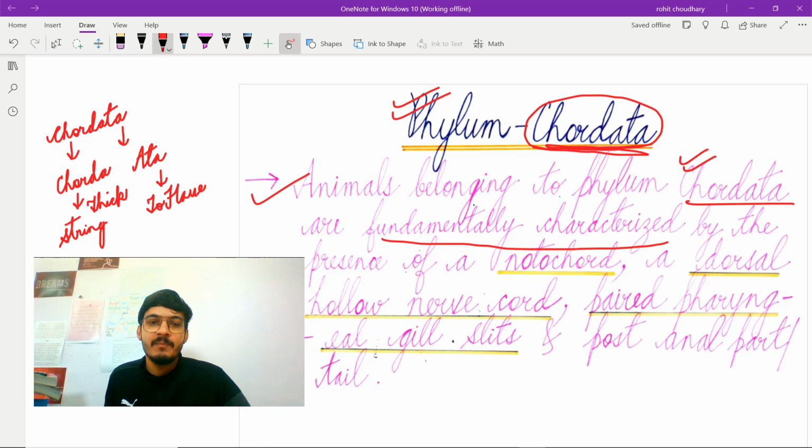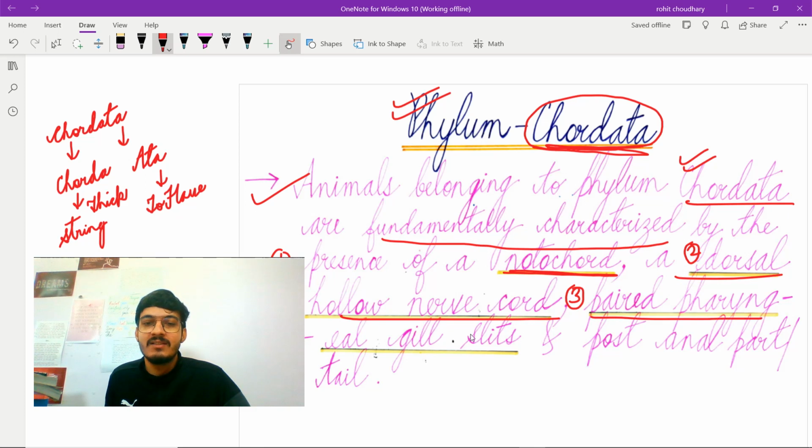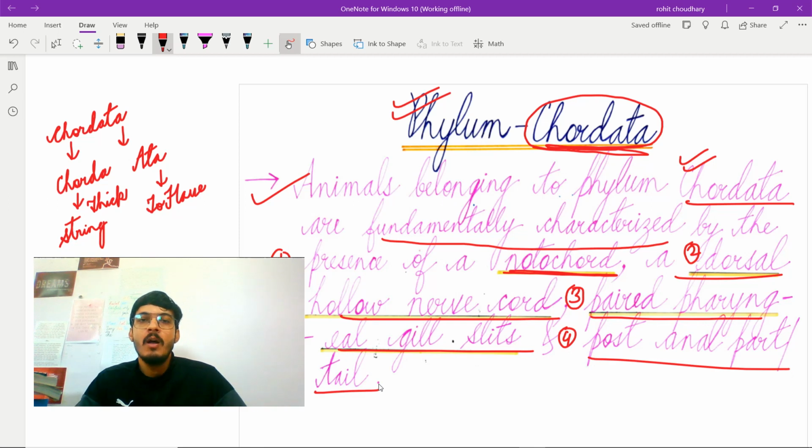The first one is the presence of a notochord. The second one is a dorsal hollow nerve cord. The third one is paired pharyngeal gill slits. And the fourth one is a post-anal part of the tail.